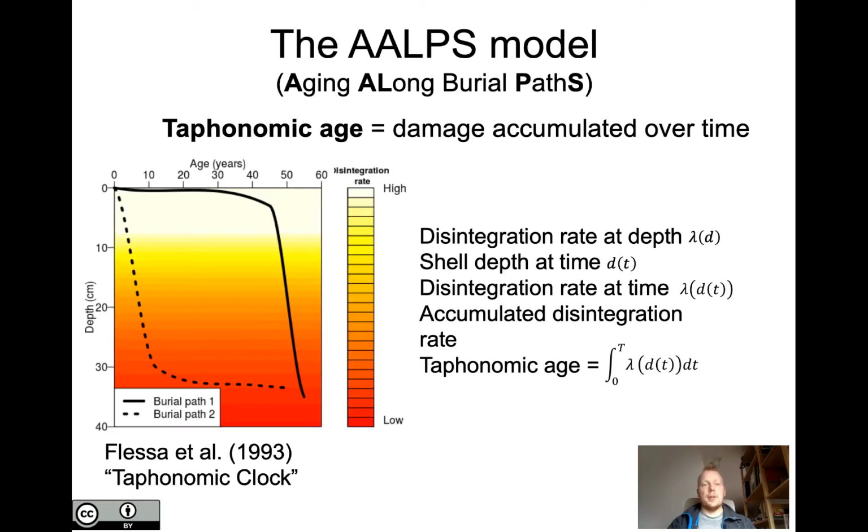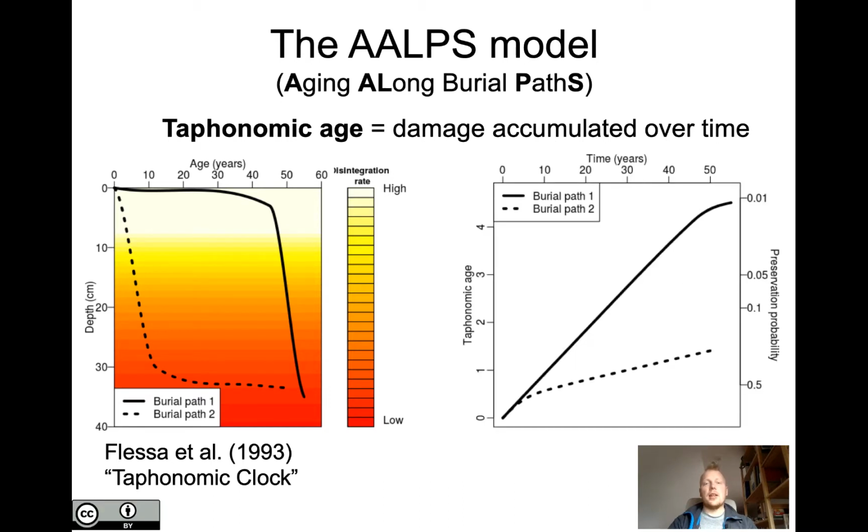Here as an example, an age depth plot with 2 burial paths, and the disintegration rate: a very bright yellow indicates a very high disintegration rate, and a red indicates a lower disintegration rate. Both of the shells end up at almost the same depth, but one spends a lot more time very close to the surface, whereas the other one is buried quite quickly.